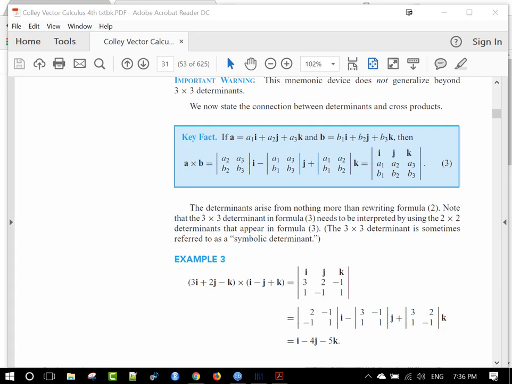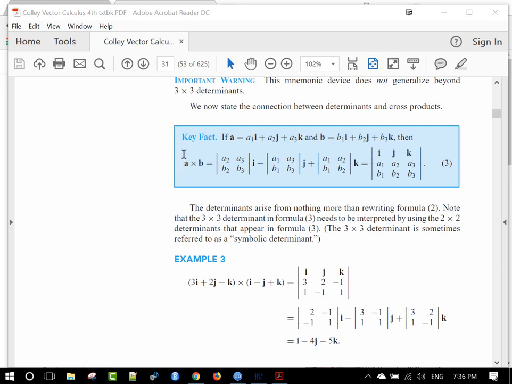So how do we form it? We take the elements of A for the first row underneath the IJK, it's actually the second row, and then you take the components of B for the last row, B1, B2, B3, and then you form the matrix like that, and you calculate its determinant, which gives you this, and that gives you A cross B. So this maybe is an easier way to remember what A cross B is.